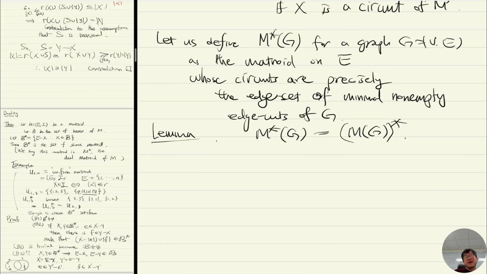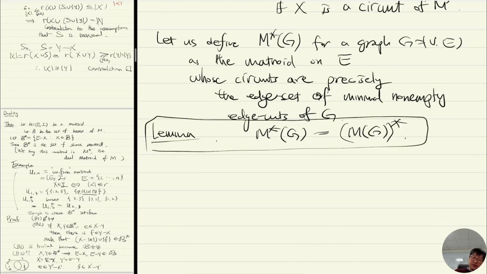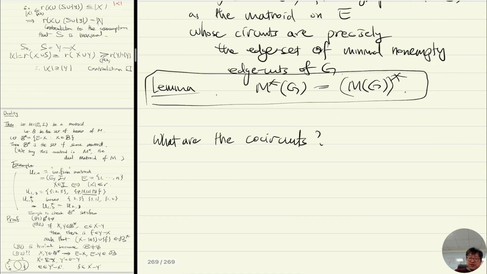Before that, maybe it's better to understand the co-circuits. So how do we understand the co-circuit?